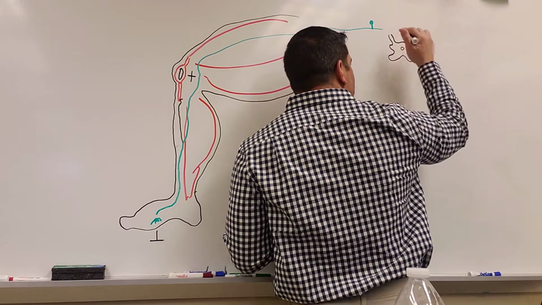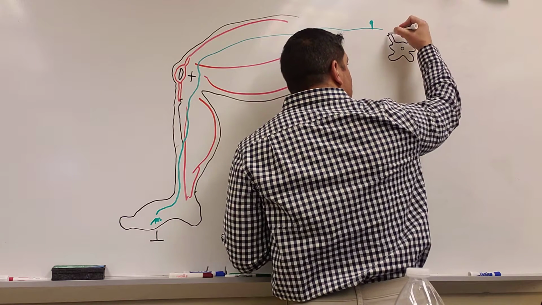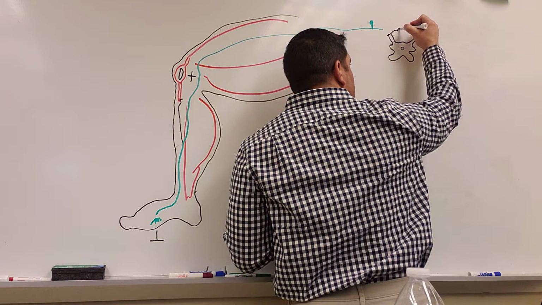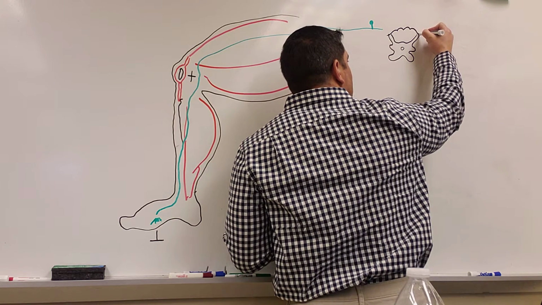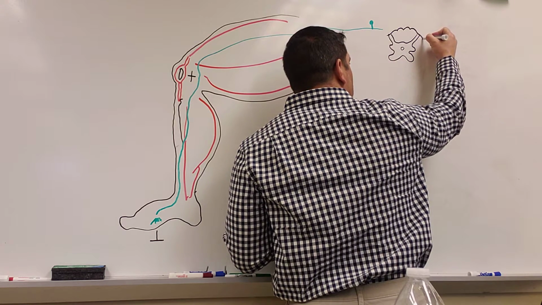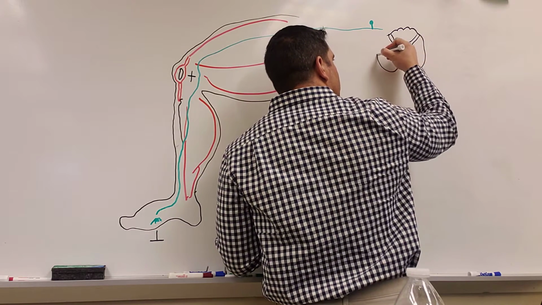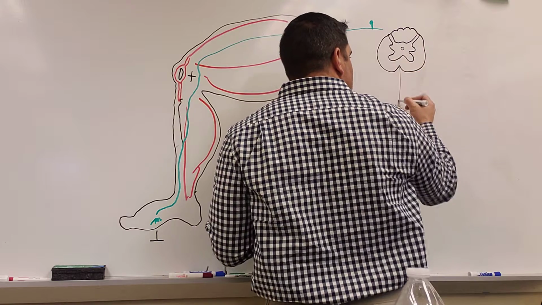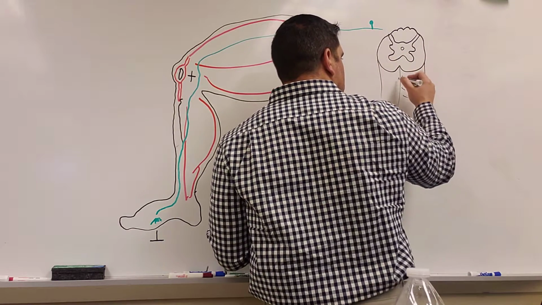Some of you had a little struggle with that, gray matter versus white matter. So that's your unmyelinated axons and your cell bodies. And then here, this is going to be the dorsal side. So that's the dorsal sulcus, ventral fissure. Okay. So this is a spinal cord cross section.